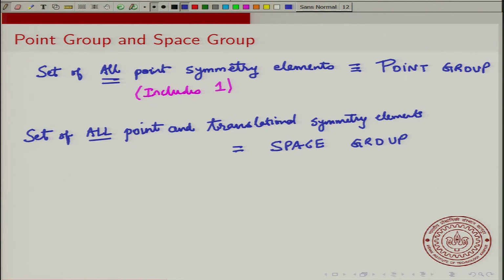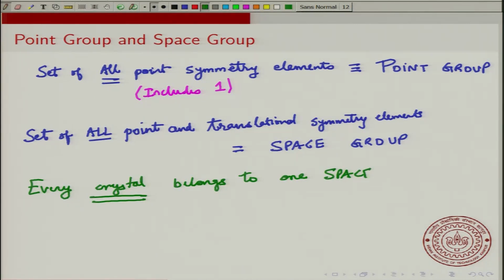Now, what is important is that each and every crystal belongs to one space group and one point group.